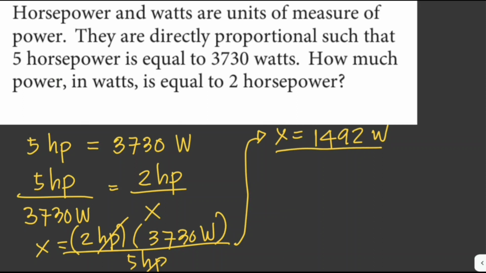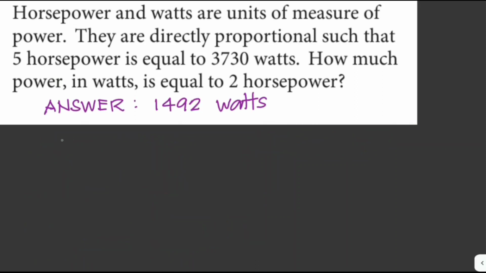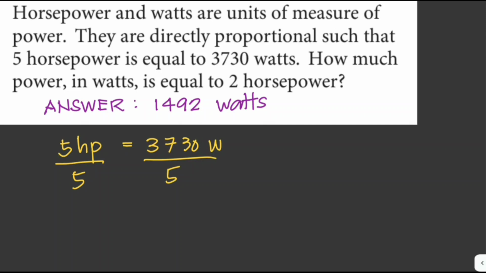We can also use another method. We can solve for the number of watts in 1 horsepower first. Okay, so let's do that. Okay, so we have 5 horsepower equals 3,730 watts. So we just have to divide both sides by 5.